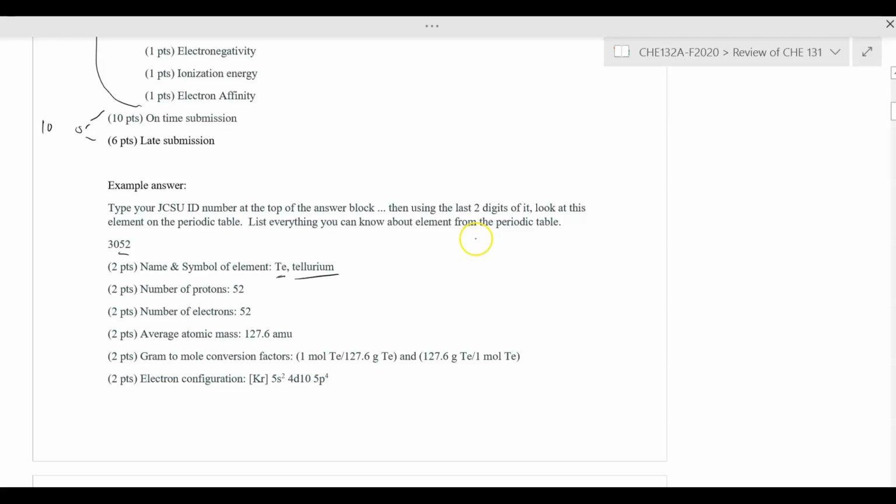You'd see something like this: 52, Te, 127.6, and that is in group 16, or 6 in the Roman numeral way of numbering it. That's the same group as oxygen, right?